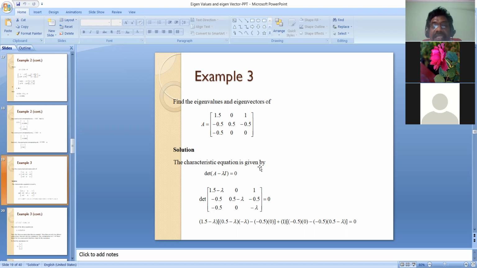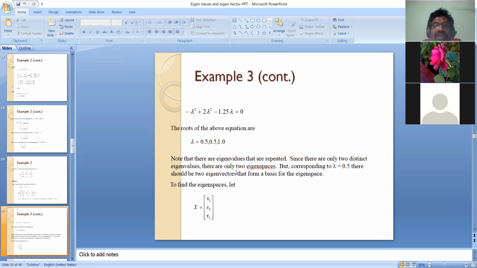The characteristic equation of the given matrix is determinant of A minus lambda I equal to 0.